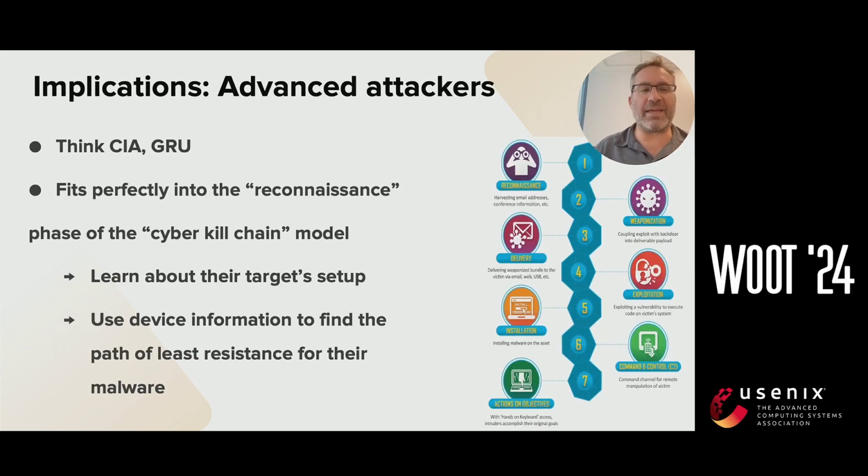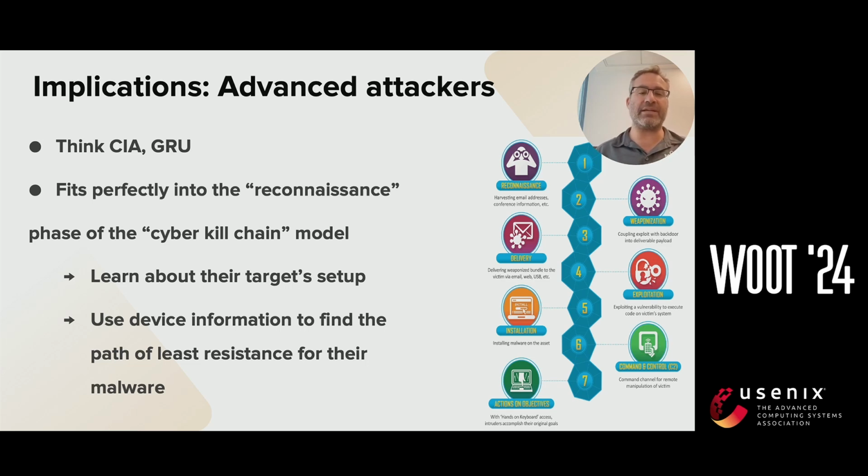So what are the implications? Let's divide that in two. For advanced attackers, think CIA, GRU, nation states, intelligence bodies, it fits perfectly into the reconnaissance phase of the cyber kill chain model, which was coined by Lockheed Martin. It's a good reference for such attackers.